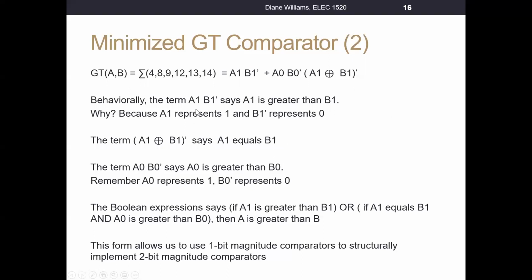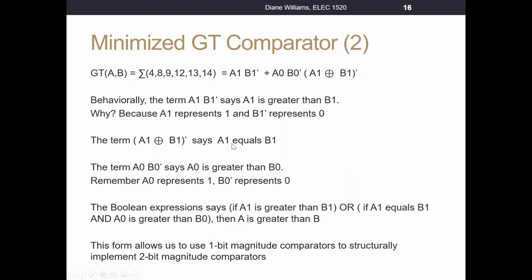Well, we know in this particular term that A1 represents a 1 and B1 not in a min term represents a 0, right? Anytime we invert a variable in a min term, that means that the binary input was a 0. Well, 1 is greater than 0. So we can say that this expression means A1 is greater than B1. Let's take a look at this term here.